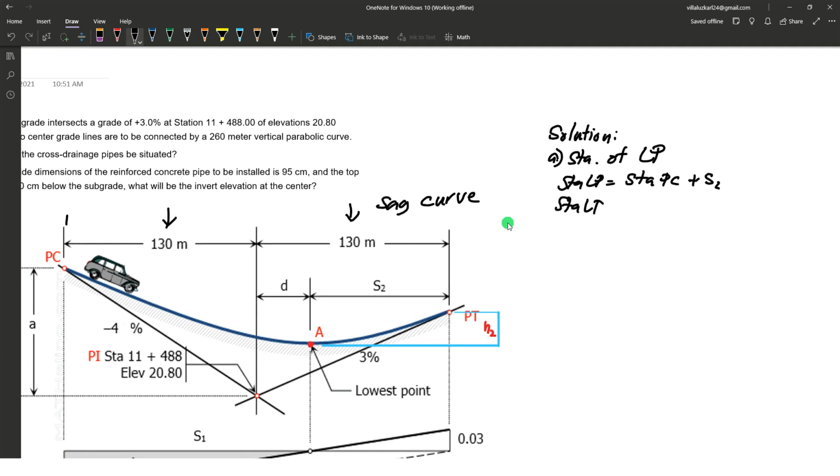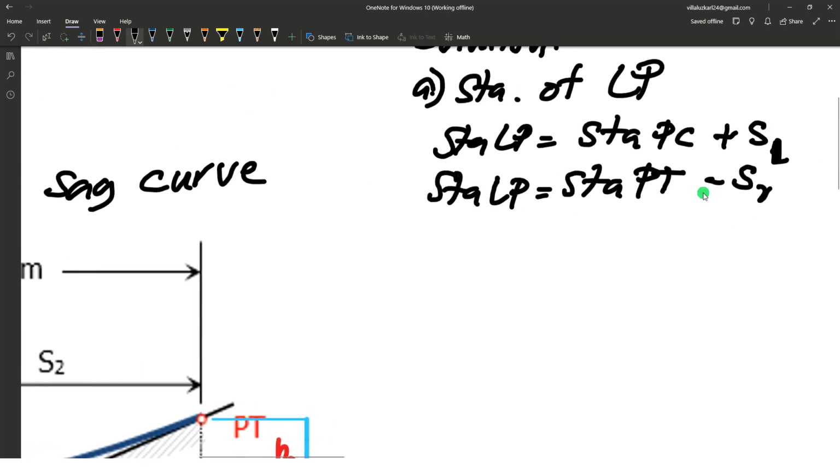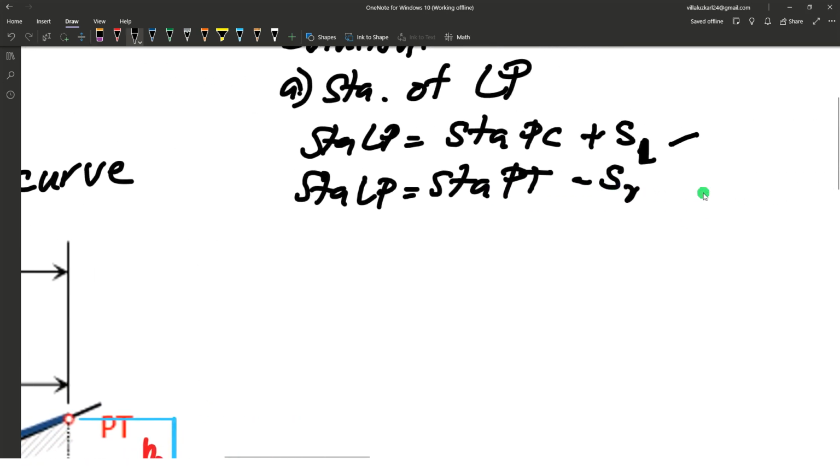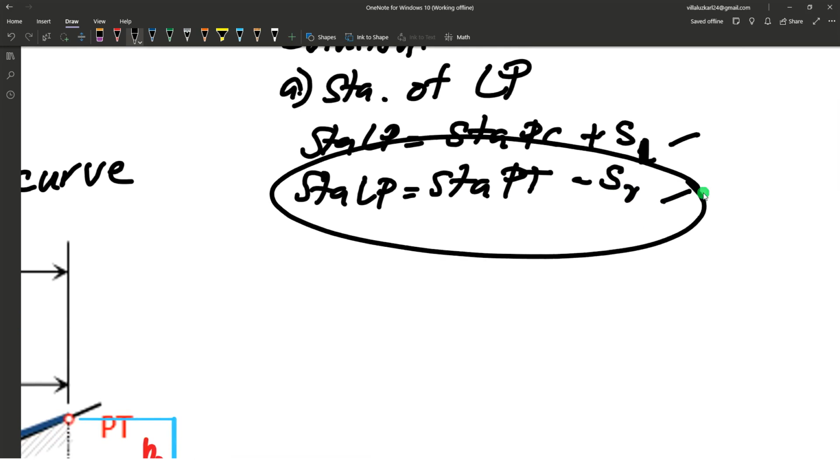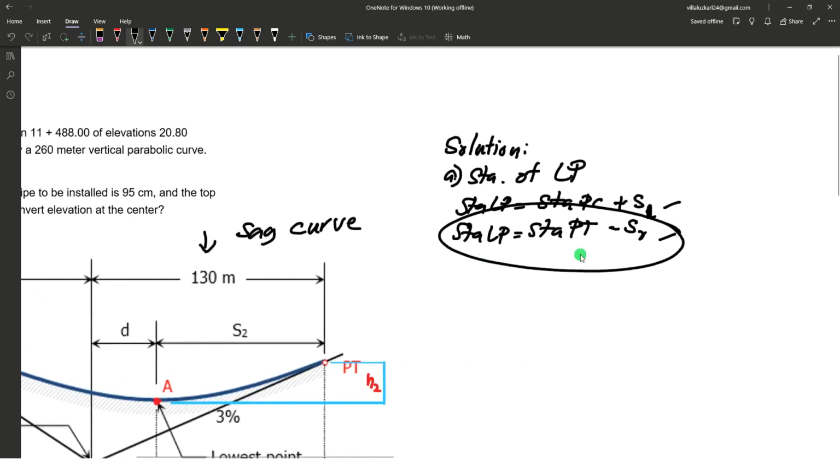On the other hand, we can use PT as the reference point, but we have to subtract S2 because we're going backward. This is S2, this is S1. You can use either one. Let's say we use the second solution, where we use PT as the reference point in determining the lowest point.